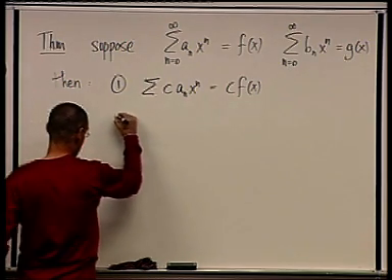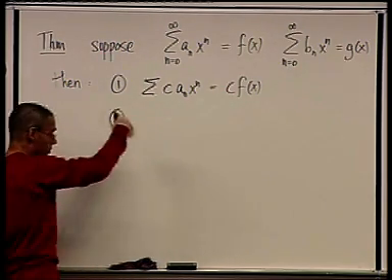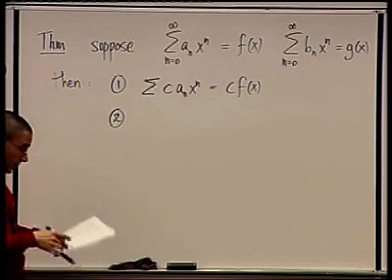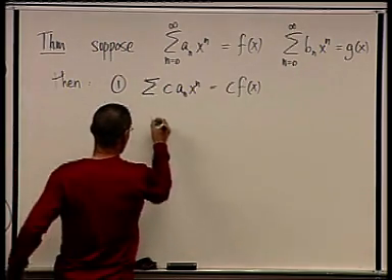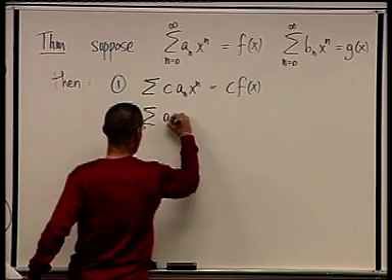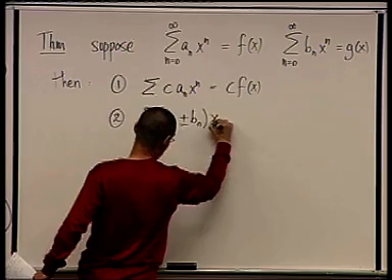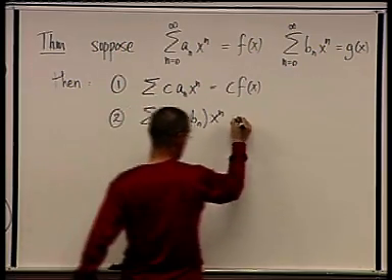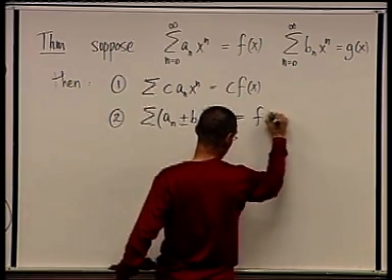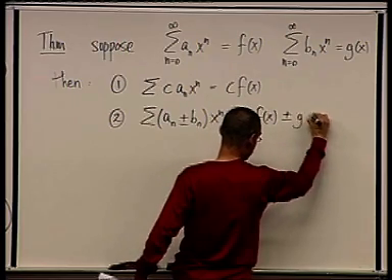I'm a bit short on time, so I'm skipping the precise details about the domains. 2, sigma an plus or minus bn x to the n converges to f plus or minus g.